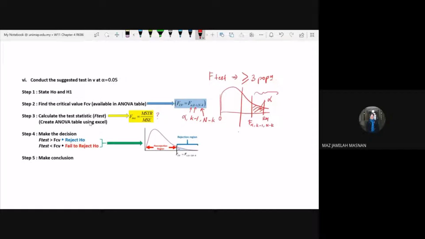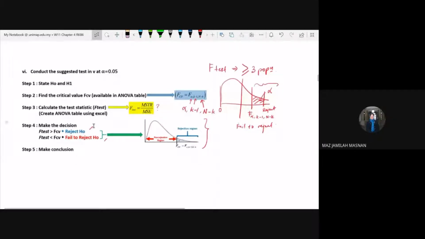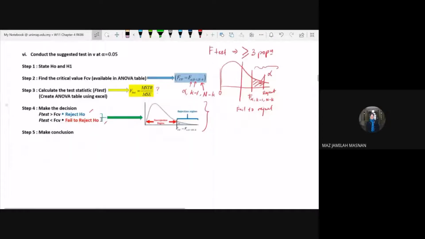So here you reject, here you fail to reject. And the condition as mentioned here. So that's how the whole thing about the F test looks. And finally, we make a conclusion whether we have sufficient or insufficient evidence to reject the claim. So that will be in short how we can perform the one-way ANOVA.